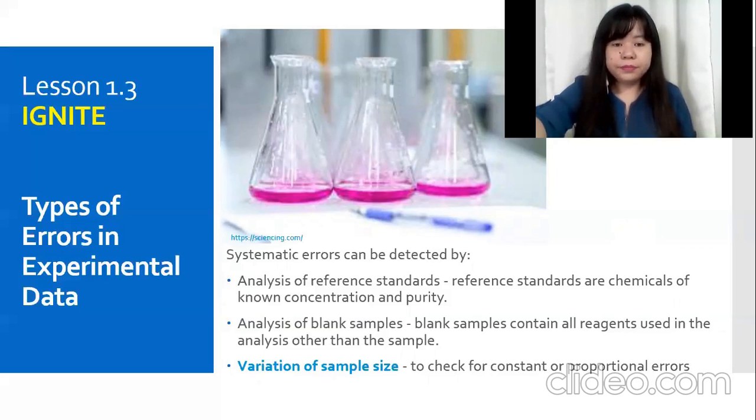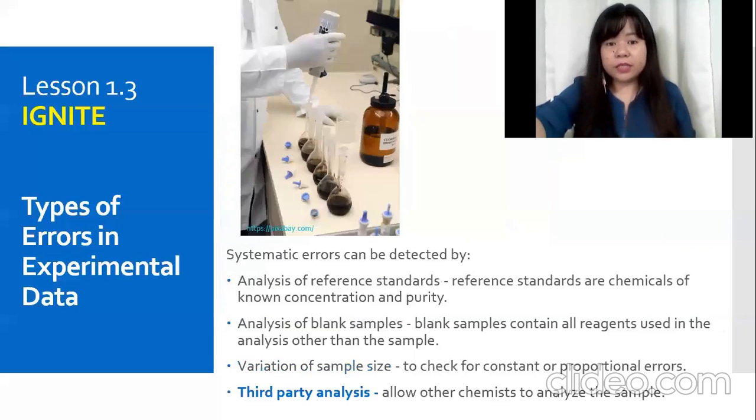So if you would like to vary sample size, for example, in titration, instead of consistently using 10 ml of analyte for titration, you can have one or a few more readings with, let's say, 25 ml or 50 ml, and then titrate that sample to see if you'd be computing the same result for the concentration of the analyte, just to check if systematic error is present.